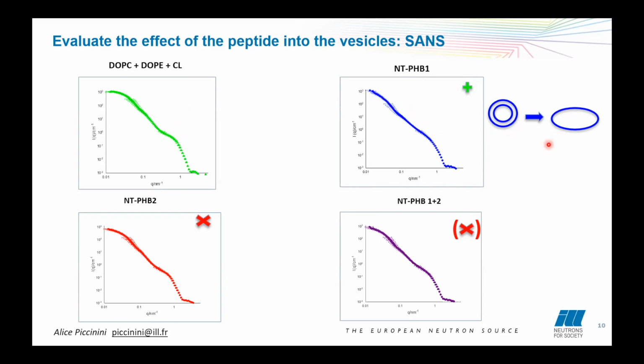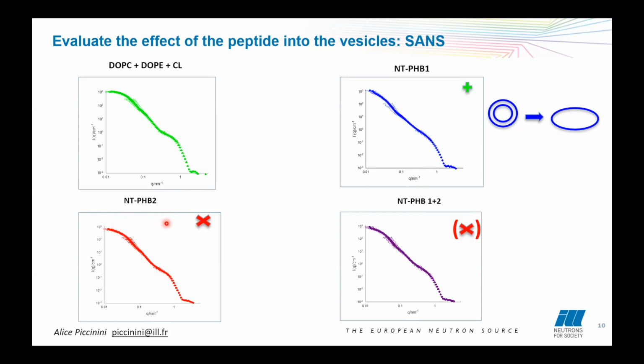Now if you look at prohibitin 2, you can see that we still have the plateau at low Q, and the shoulder at mid-high Q is still the same. So there are no effects of prohibitin 2 in presence of cardiolipin.